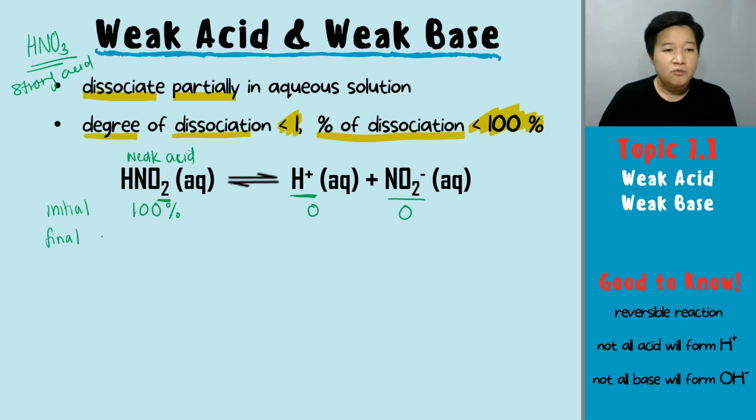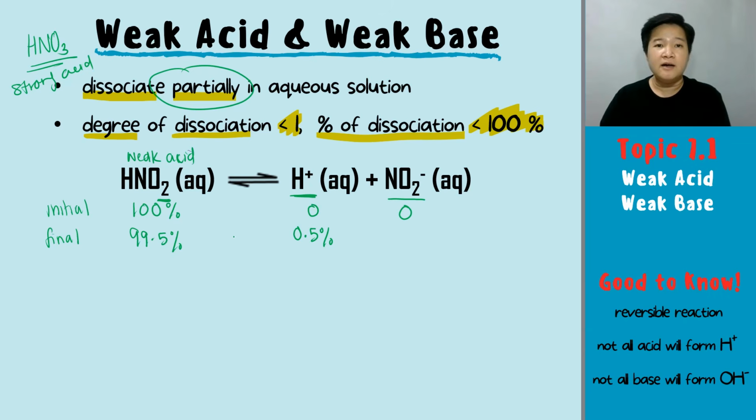But at the end, your weak acid will only dissociate partially into H+. That means I might only have 0.5% H+ formed, and your HNO2 will be left with 99.5%. Can you see that? So that is what we mean by partially dissociated.